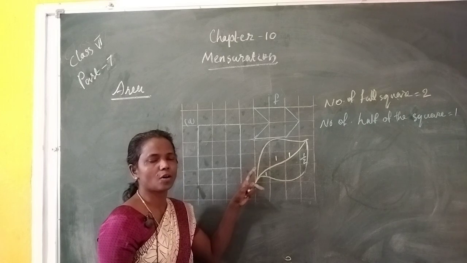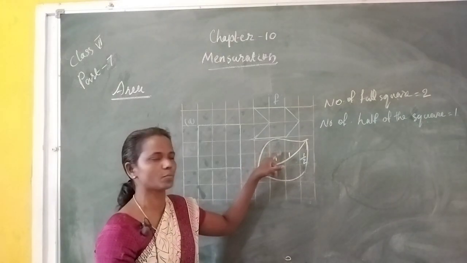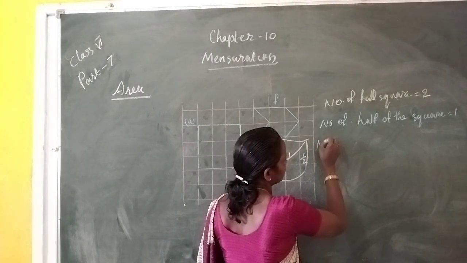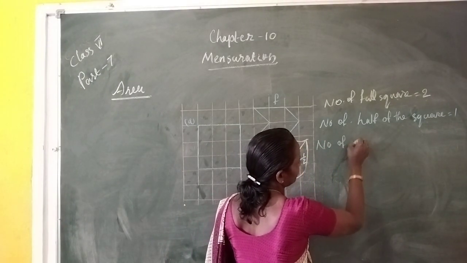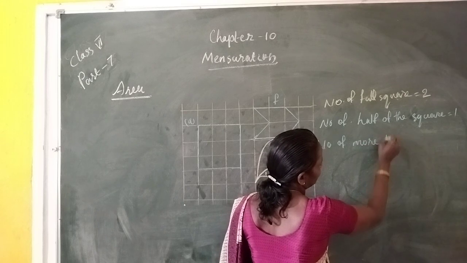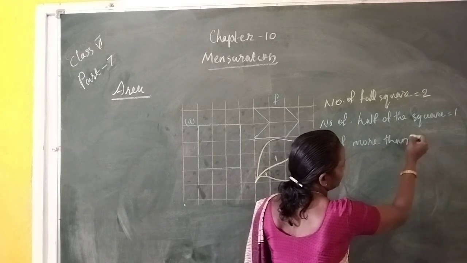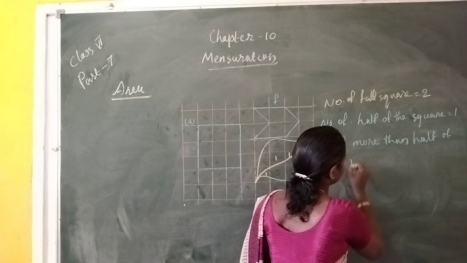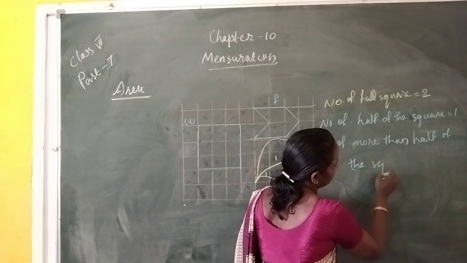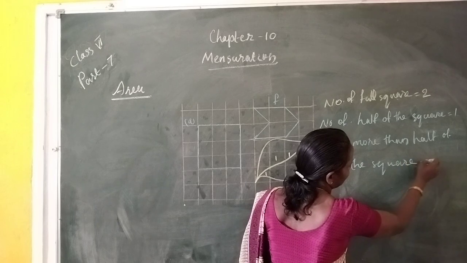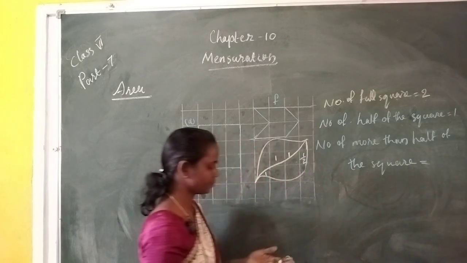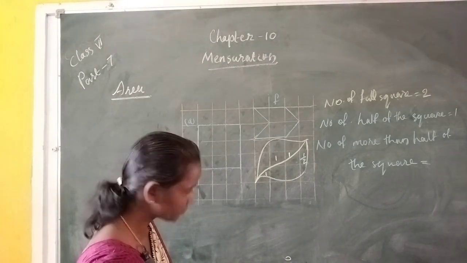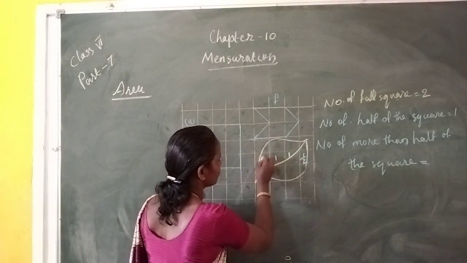And now, how many are more than half of the square? What is the number of more than half squares? Count. This is more than half.